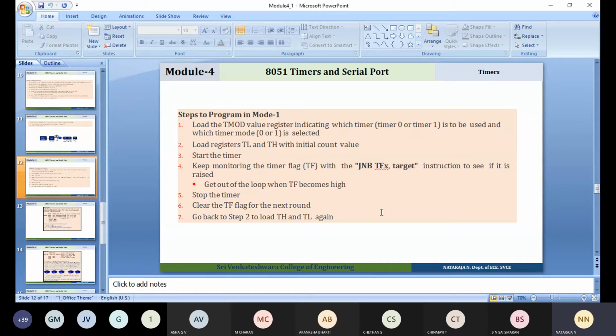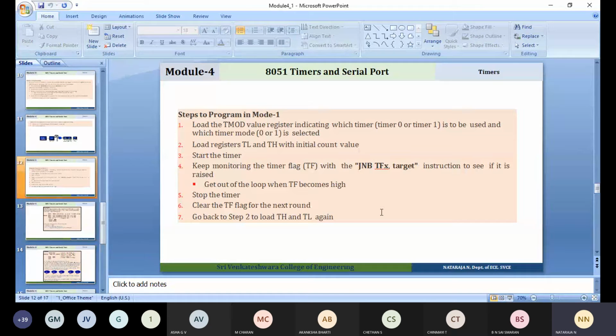First step will be to load the TMOD register with respect to timer 0 or timer 1. Load the registers TL and TH. Keep monitoring the timer flag TF.